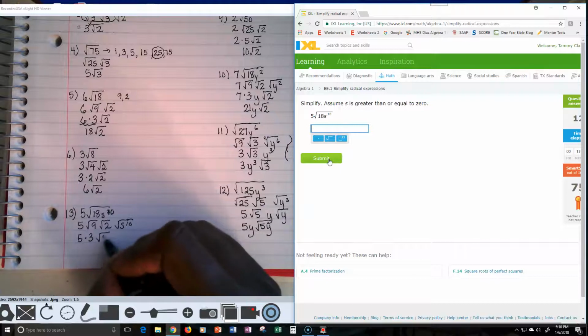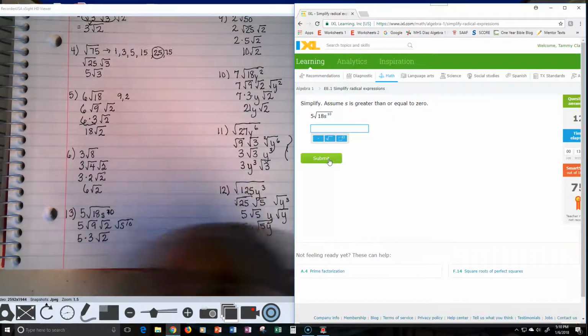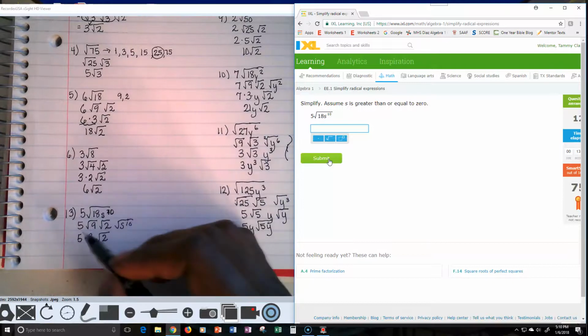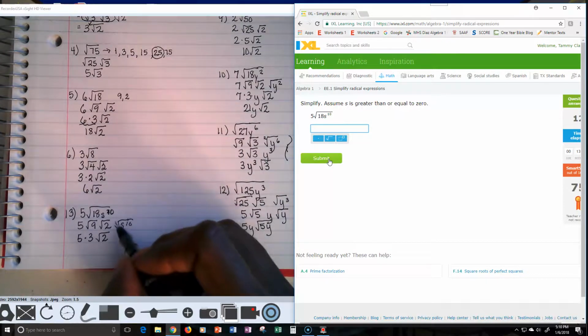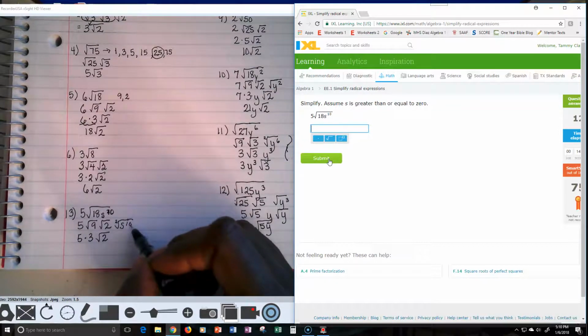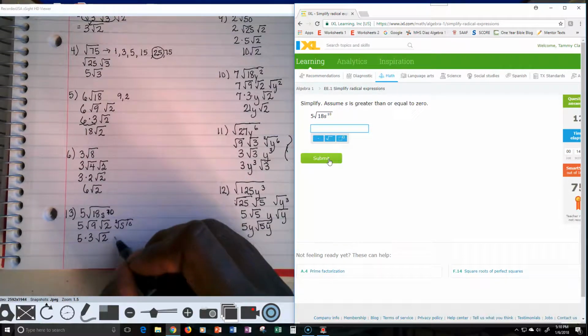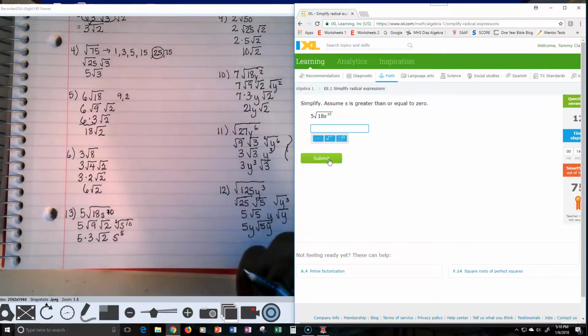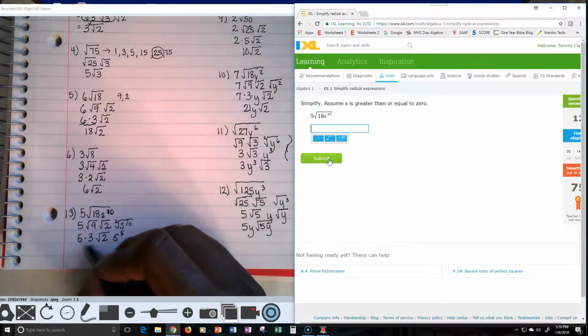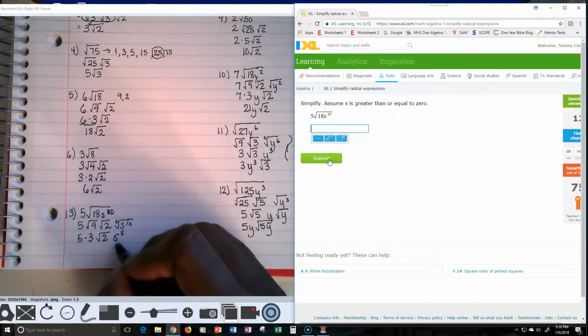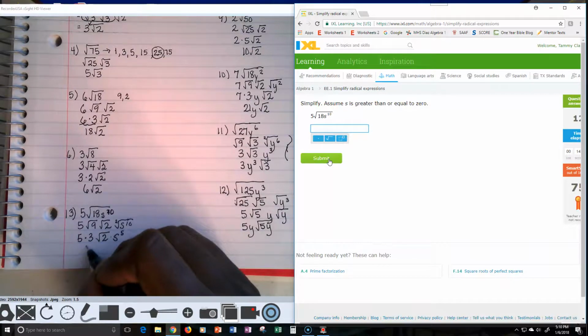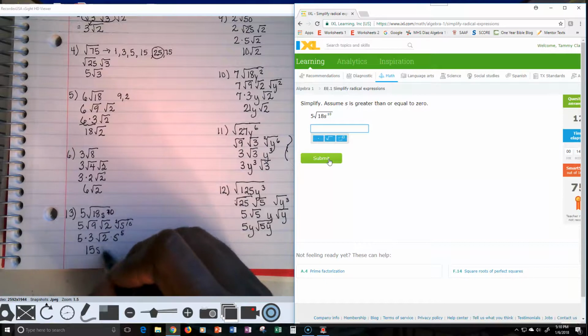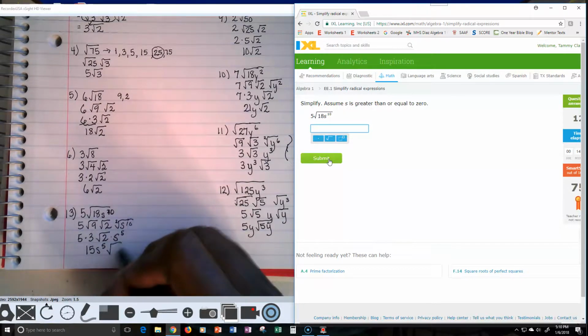Square root of 2, I'm going to leave it because that is a really, really long number. I'm not going to bother with it. And then I'm going to take 2, which is what I'm taking, the square root, so my root 2, and I'm going to divide it into 10. Well, that tells me I have 5 pairs of s's. So this would be s to the 5th power. So I've got 5 times 3, which is 15, times s to the 5th power, so that's 15 s to the 5th power times root 2.